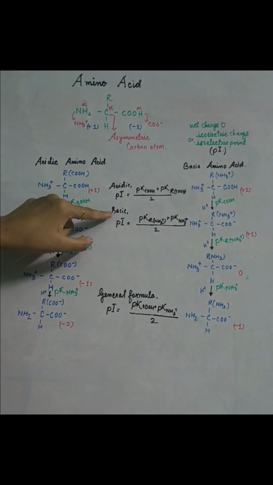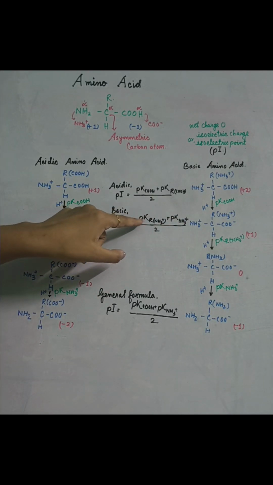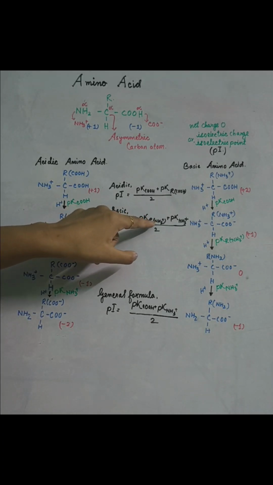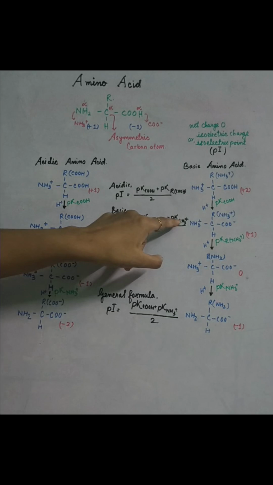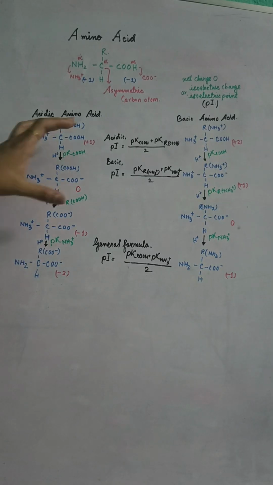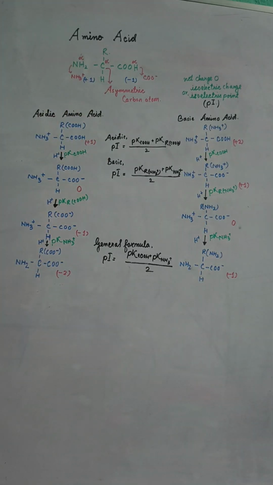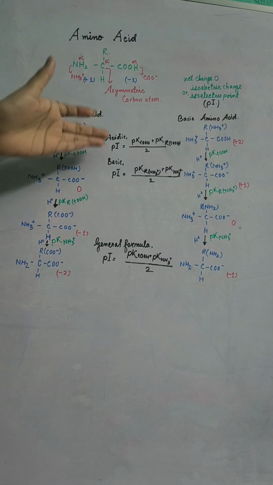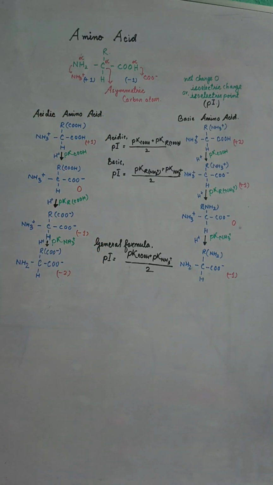So therefore, for a basic amino acid, the pI value equals the pK value for R NH3+ plus the pK value for alpha NH3+ divided by 2. So here is the big difference in the pI value between the acidic, basic, and the uncharged amino acid.